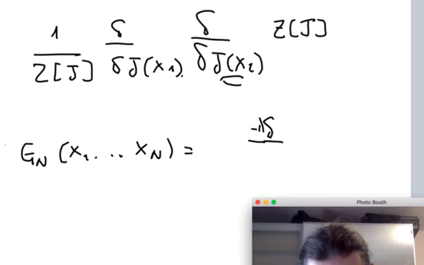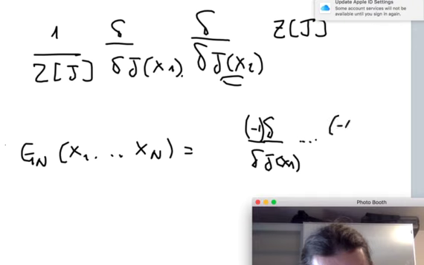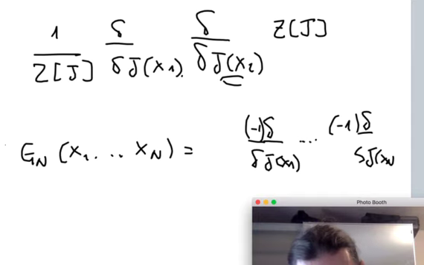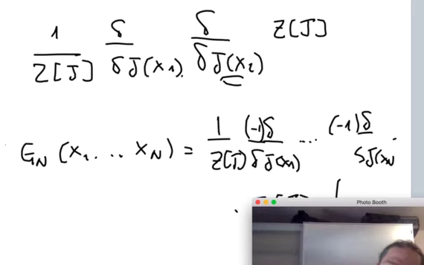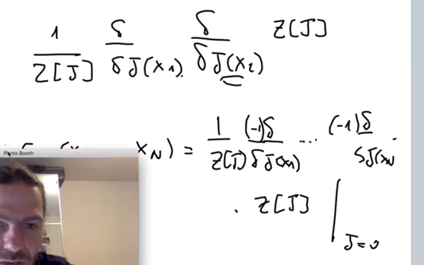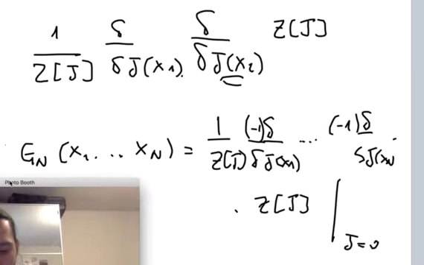So I get minus 1 d by dJ of x1, and so on, minus 1 d by dJ of xn of my generating functional Z of J, divided by Z of J, and then eventually take J to 0. So that's the statement. If you want to compute a correlation function of any order, an n-point correlation function, you can do that provided you know the generating functional.